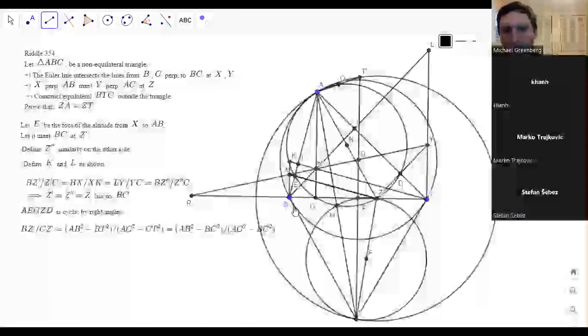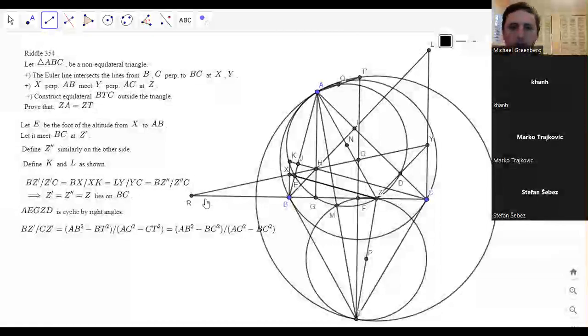RB over RC: we could find RB over RZ, that's just GH over CY, and do the same with RC and RZ.